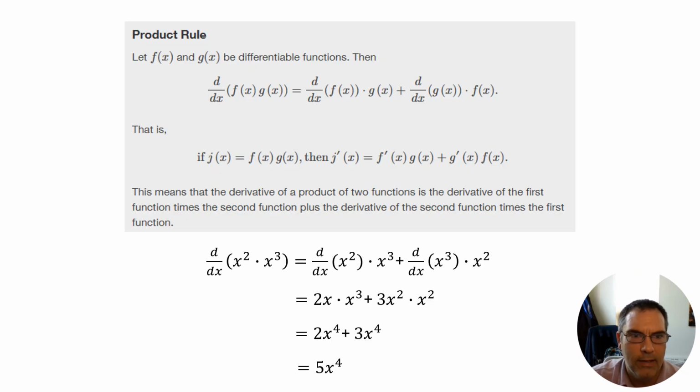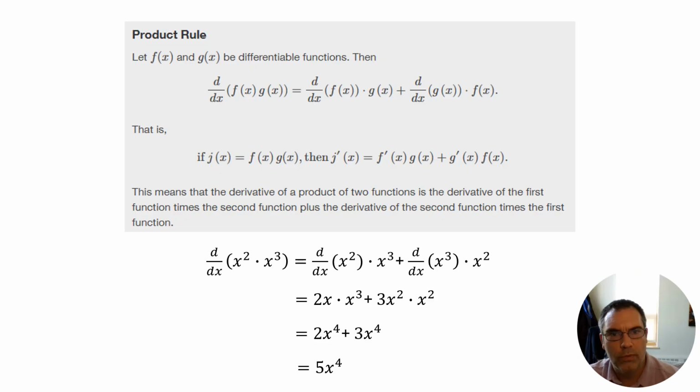Well, to do that, you take the derivative of each function and you multiply it by the other. So derivative of f times g, and then you add the derivative of g times f. So that's all there is to the product rule. If you're taking the derivative of a product, you take the derivative of the first times the second, and then derivative of the second times the first.